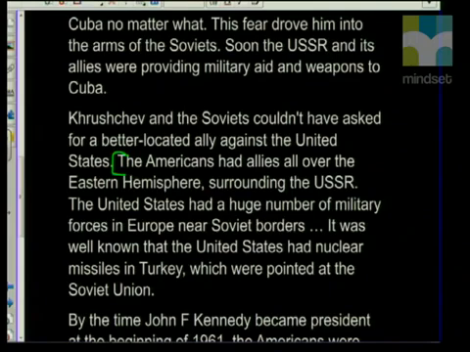It was well known that the United States had nuclear missiles in Turkey, which were pointed at the Soviet Union. So this obviously points to the threat that the Soviet Union felt regarding the missiles that the United States had placed in different parts of the world.